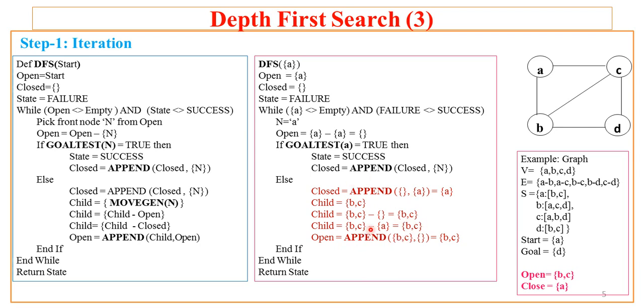Let us focus on the diagram, that is the graph. We have started with A. As A is not the goal node, we'll explore the child nodes of A, that is B and C. As B and C are appended at the beginning of the open list, our open list will have B and C.